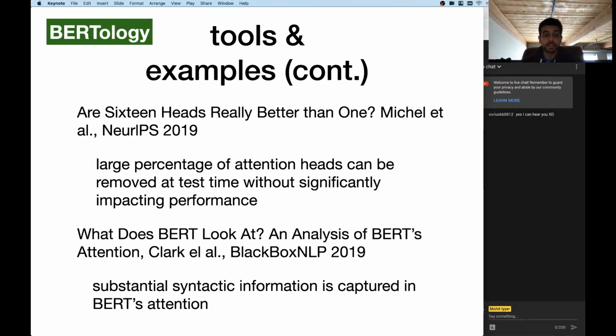These kinds of tools are very useful when you're trying to also make some modifications to these models. So in this paper, Are Sixteen Heads Really Better Than One?, they find that in BERT, you can actually remove a huge percentage of the attention heads at test time. So not requiring any retraining of the model at all, and your performance is not significantly impacted.